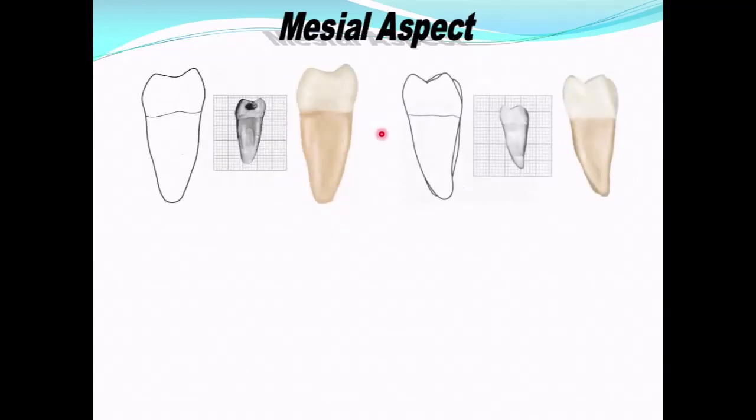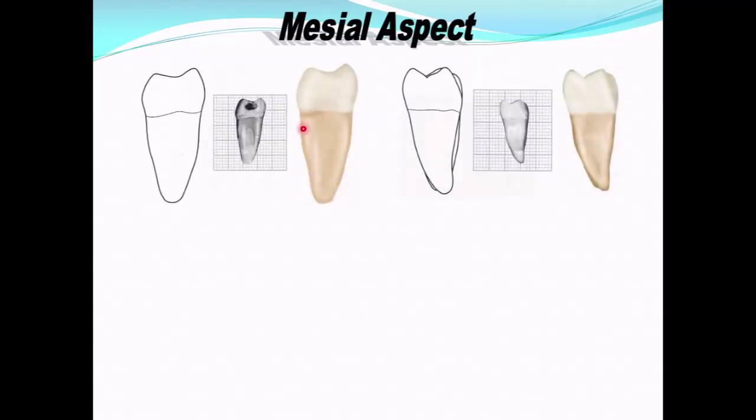Let's shift to another aspect, the mesial aspect. Look, here we have the mesial aspect of the mandibular first molar and the mesial aspect of the mandibular second molar. The cervical ridge of the crown is the elevation here, buccally. Look, here is the buccal, because this one is right and this one is left.